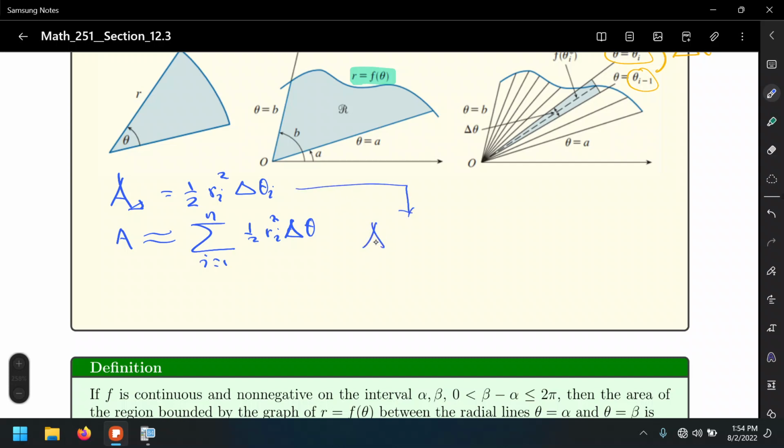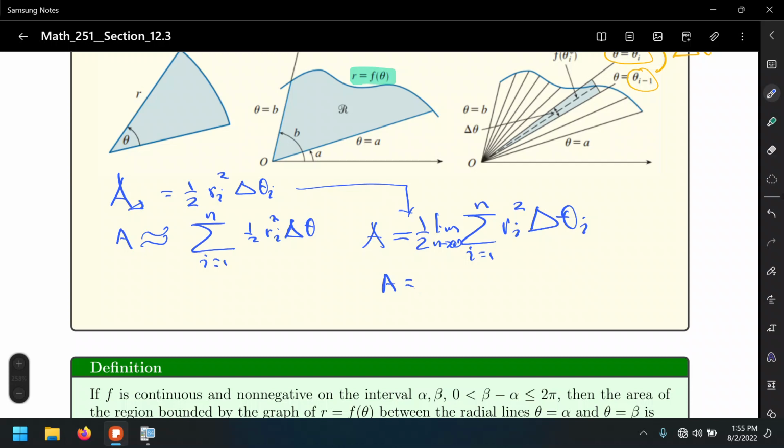If you want the actual area, so if you want to change this approximation sign into an equal sign, what you want to do is add again, but in this case, let me have the 1/2 outside. You might want to find the limit as n approaches infinity. And that's again the definition of the integral based on a Riemann sum.